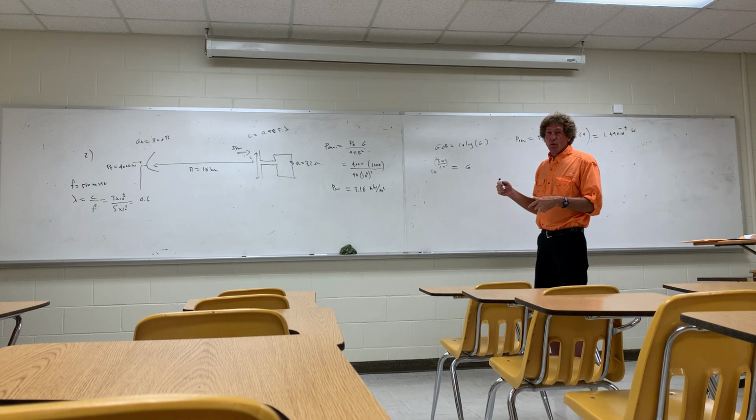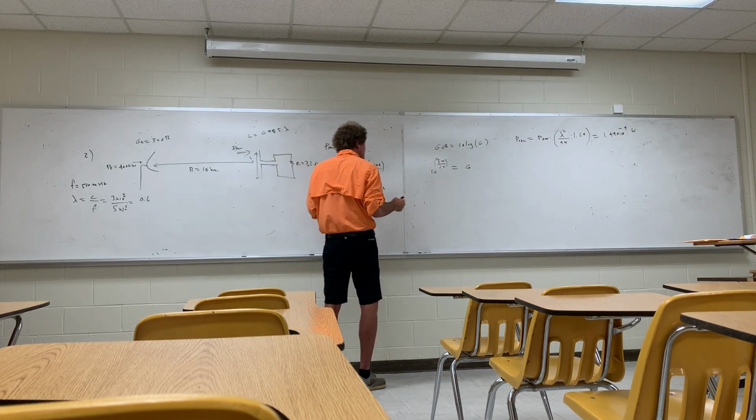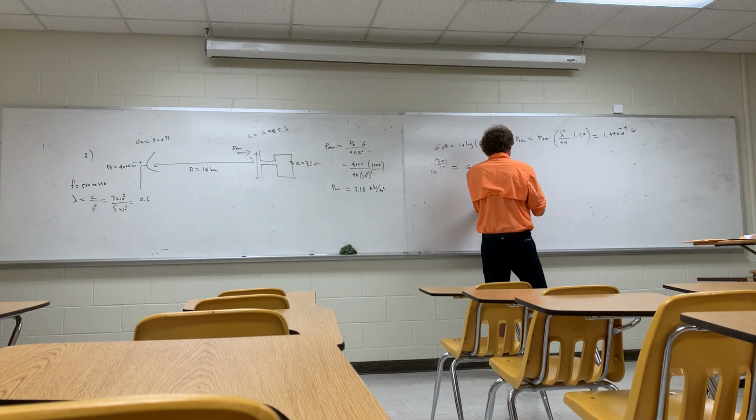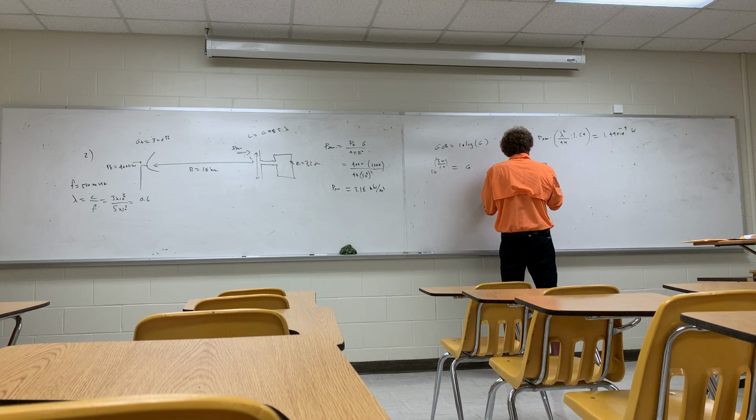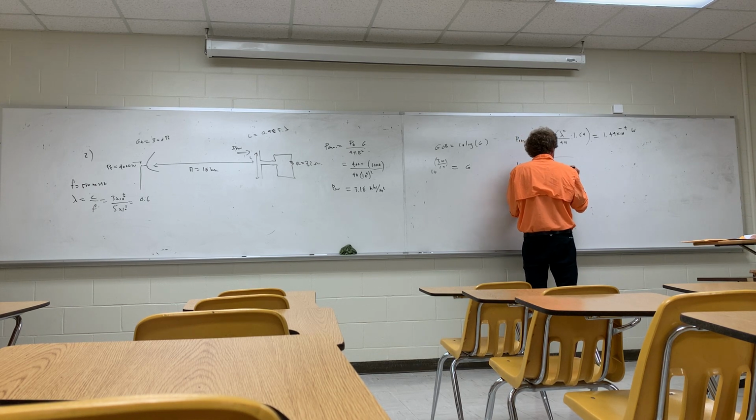Then you have to get the open circuit voltage. This would be the voltage that would be across these antenna terminals if nothing was connected. And VOC is simply the square root of 4 times the actual P received, times the radiation resistance of the antenna.